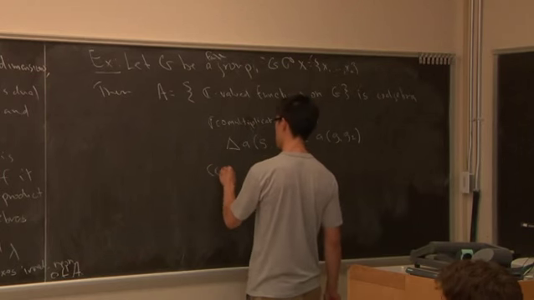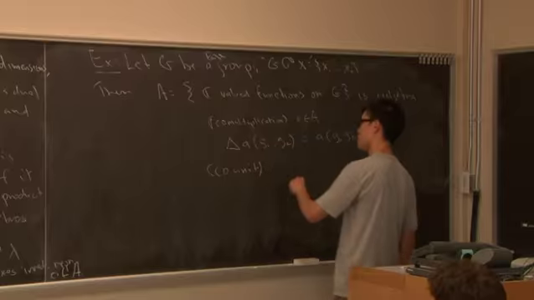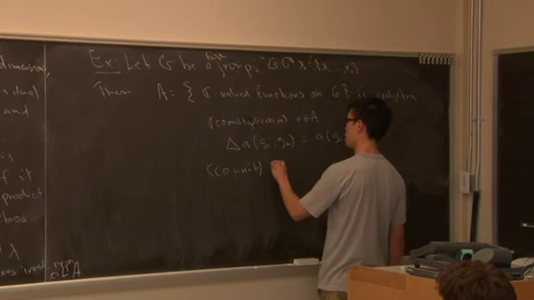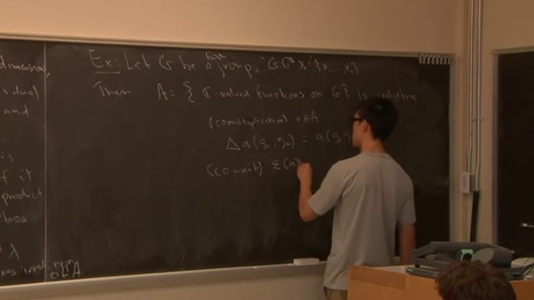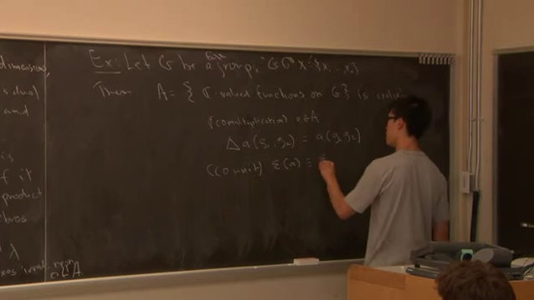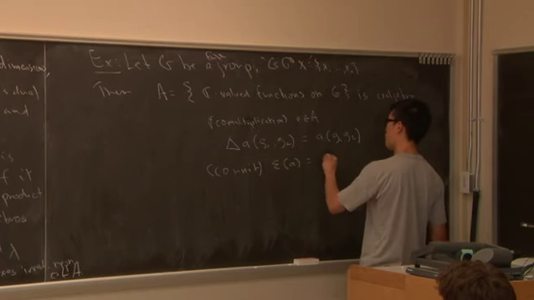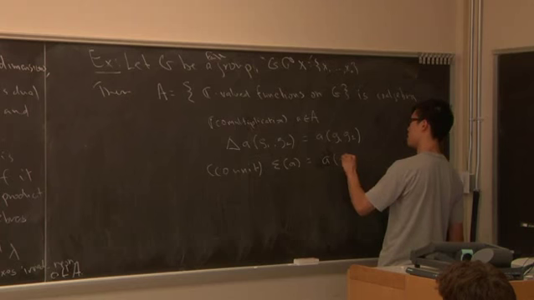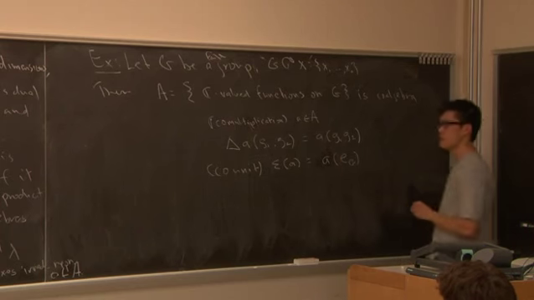Similarly, if you want to know about this co-unit, then that should probably just be whatever value A takes on the identity in G. Right?